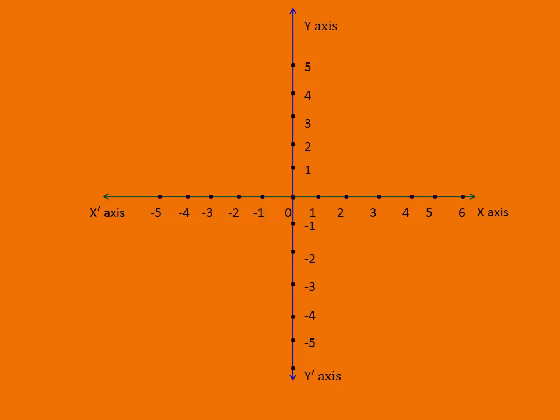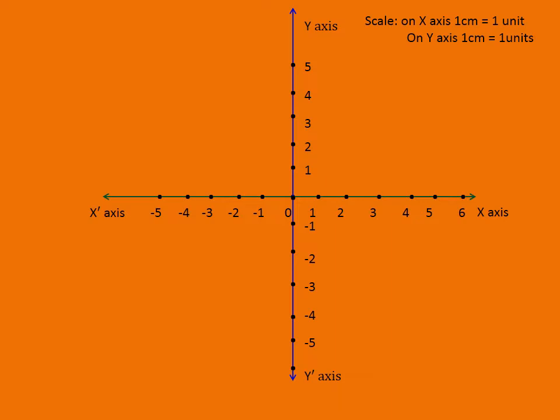The names of the lines are the x-axis, x dash axis, y-axis, y dash axis. And the scale is also written. On the x-axis we have 1 centimeter equals 1 unit, and on the y-axis again 1 centimeter equals 1 unit. If you want, you can write on both axes 1 centimeter equals 1 unit.